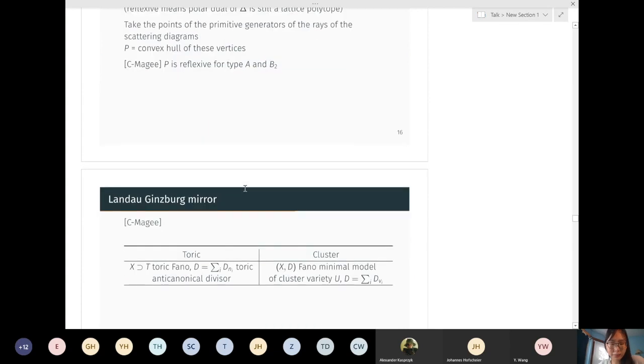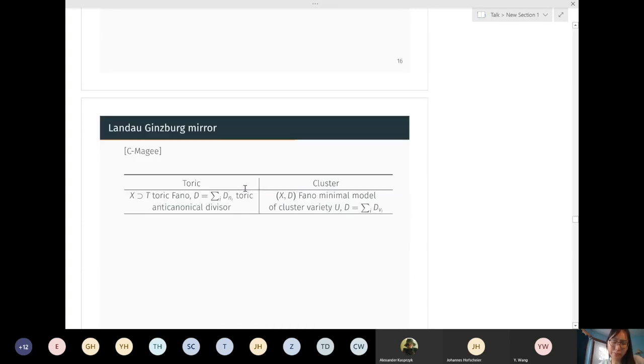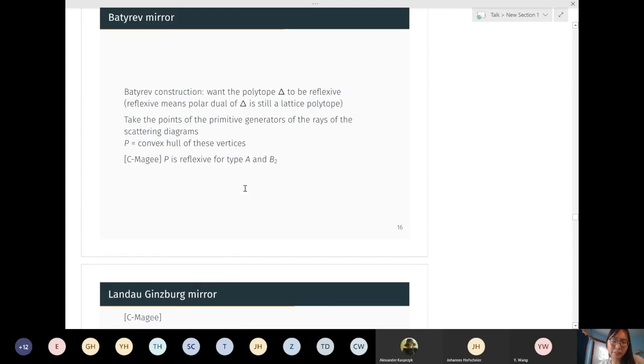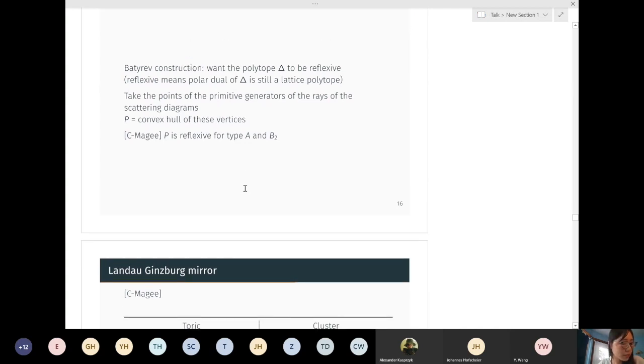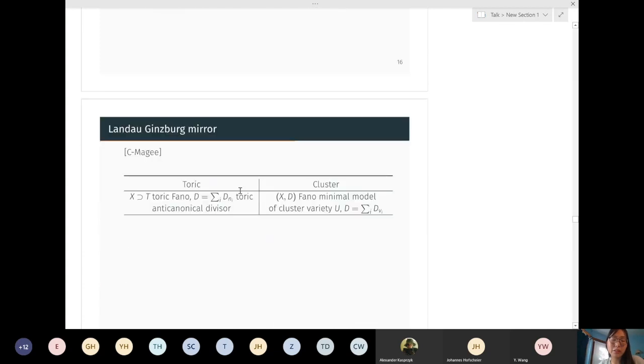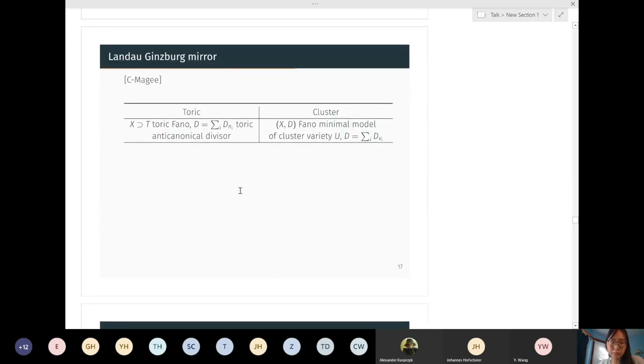And then here we can kind of generalize this Batyrev, and look at the weak toric Landau-Ginzburg mirror proposed by, I don't know how to pronounce his name, Przyjalkowski, Kontsevich, where we are looking at something from the superpotential, like in the Grassmannian case, and look at the polytope.